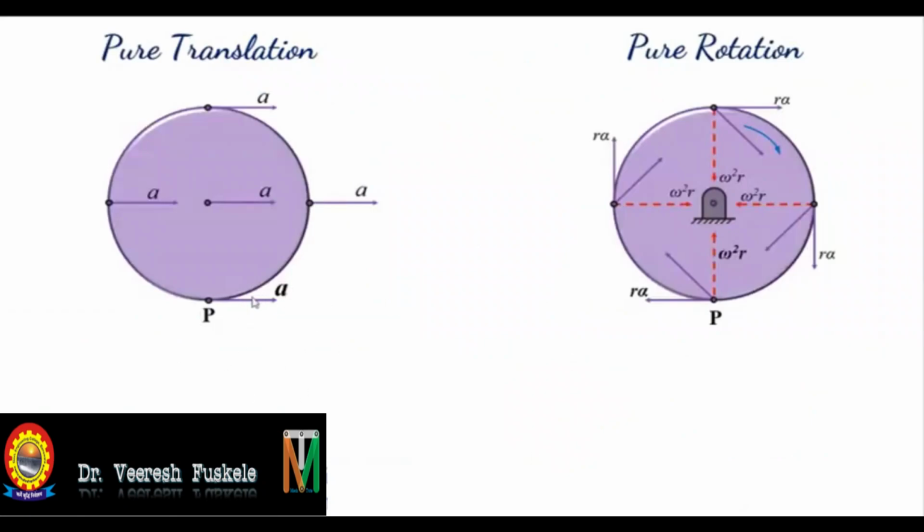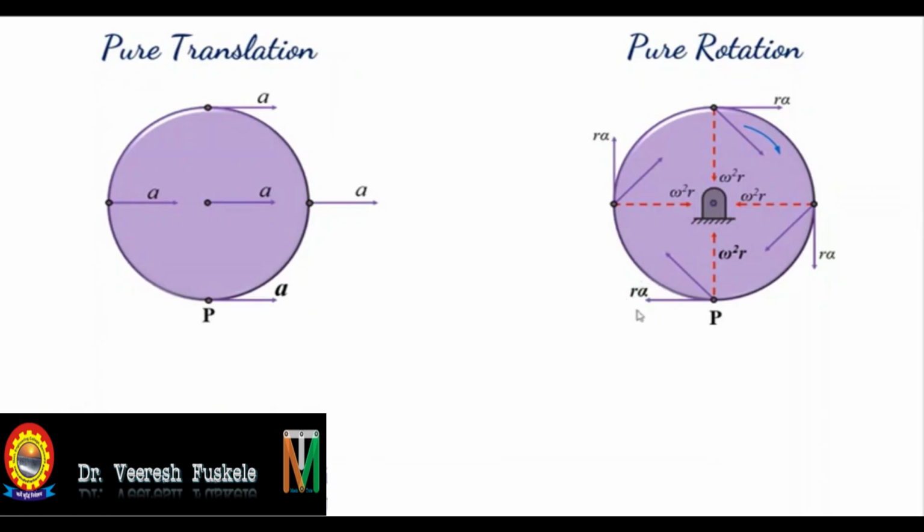As we can see here, the direction of acceleration in case of pure translation is from left to right and the magnitude is a, and similarly the direction of tangential acceleration component in case of pure rotation is from right to left and it's r alpha.